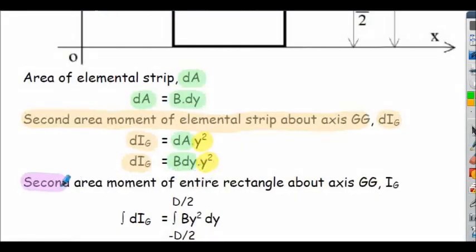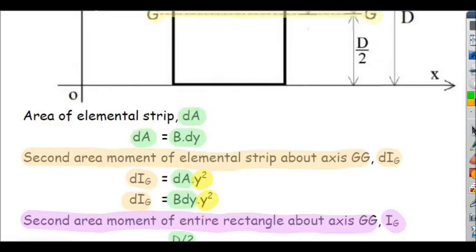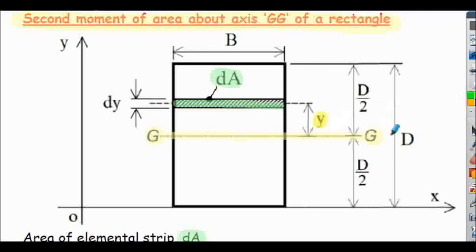But now to find the second area moment of the entire rectangle about axis GG, for that IG, we need to integrate the dIG term between the limits, so this time d upon 2 and negative d upon 2. Referring back to our diagram here, about the GG axis we will have the limit of positive d upon 2 and the limit of negative d upon 2. It's below the GG axis.